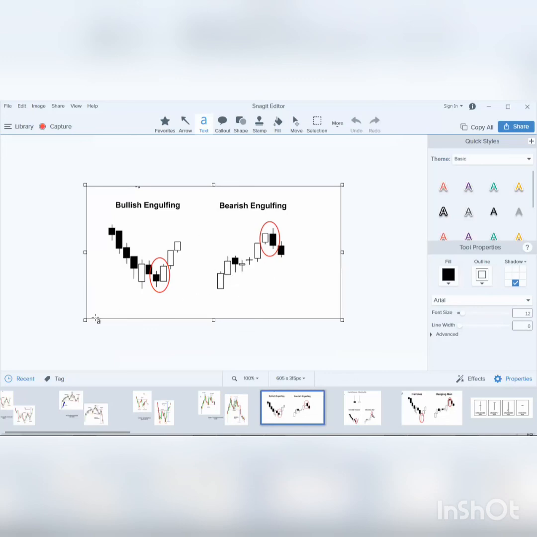Engulfing is when a candle seems to cover the previous candle. With the bullish engulfing, the candle is engulfed to the upside when it's coming on a bearish trend, and a big bullish candle just engulfs it. When it's coming on a bullish trend, a big bearish candle just engulfs it.